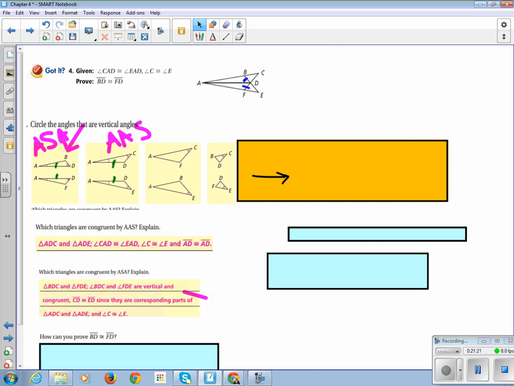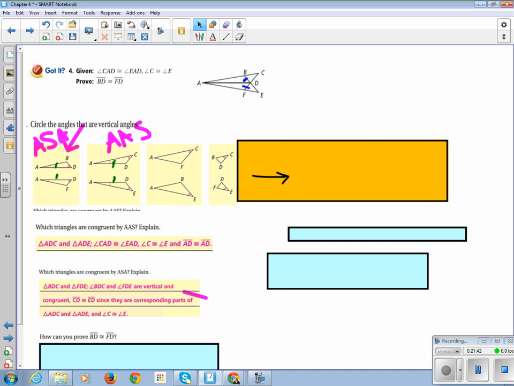So triangle BDC and triangle FDE, because D is congruent to D and CD is congruent to ED, since corresponding parts of congruent triangles are congruent.